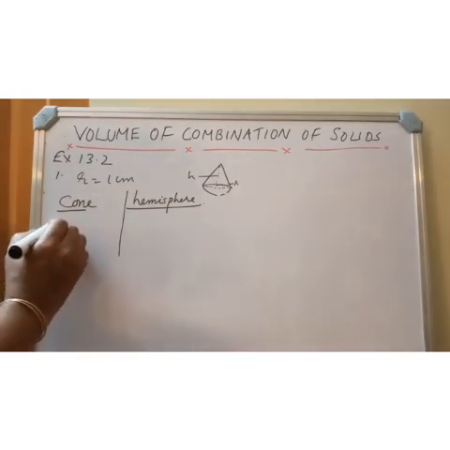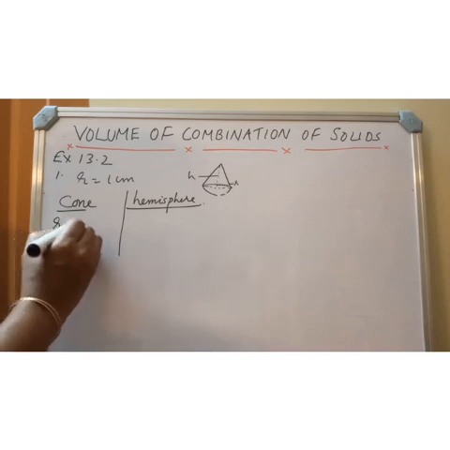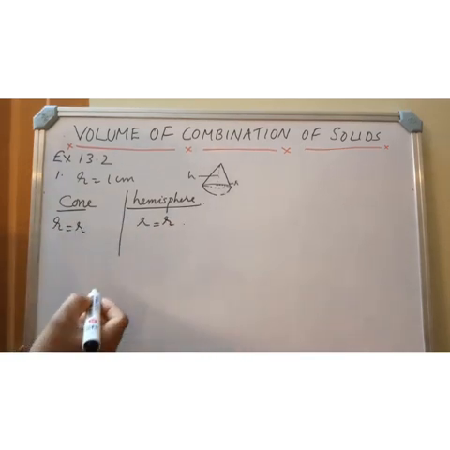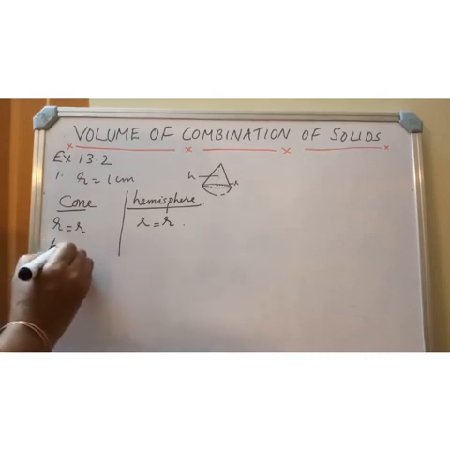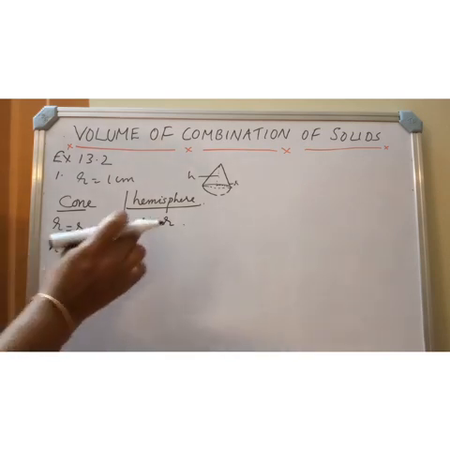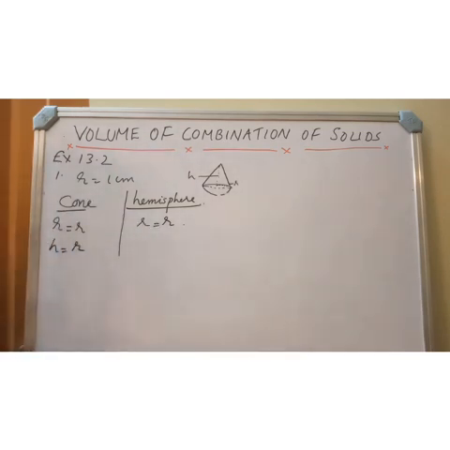R, cone radius and hemisphere radius must be same, but the height of the cone h is equal to the radius of the hemisphere. Okay, so height and radius are same. These are the values given in the question. They ask you to find out the volume of the solid in terms of pi.